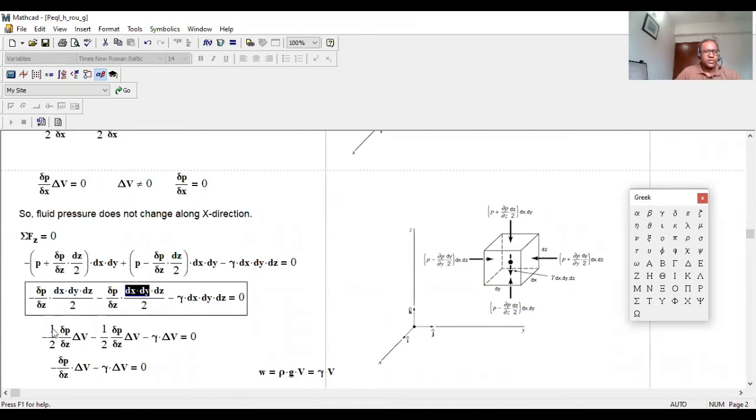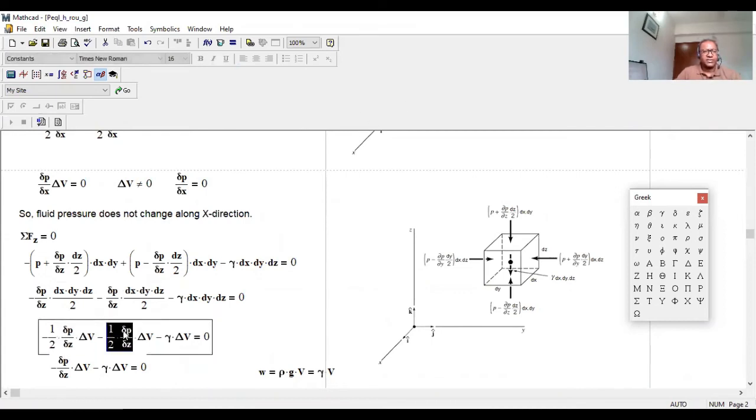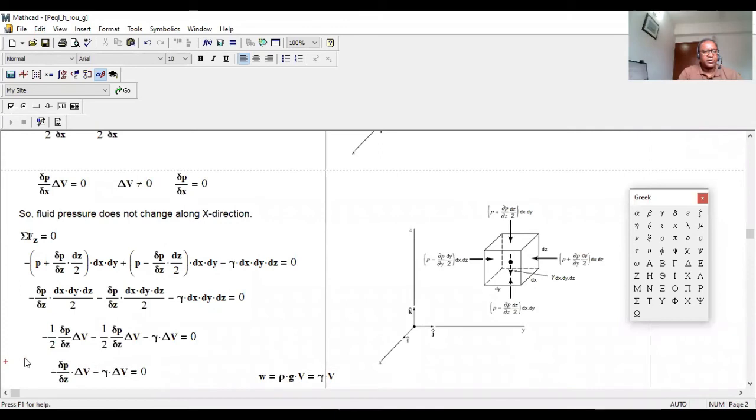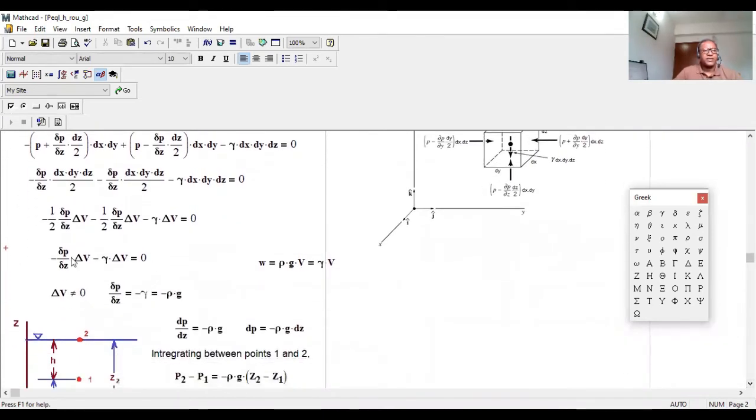These two terms, this is half x, this is half x, right? So you get one full term right over here, then minus del V. Now you see del V, the volume, cannot be 0. So you are getting del P by del Z equal to minus gamma or minus rho g.